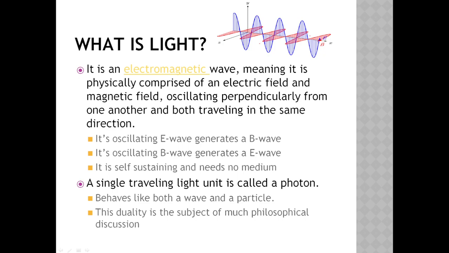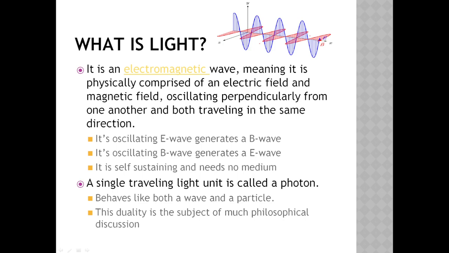A few things that this should say to you is, one, light has no solid nature to it. It's literally energy traveling from point A to point B. If you fire a laser at something, that laser is literally just moving energy.